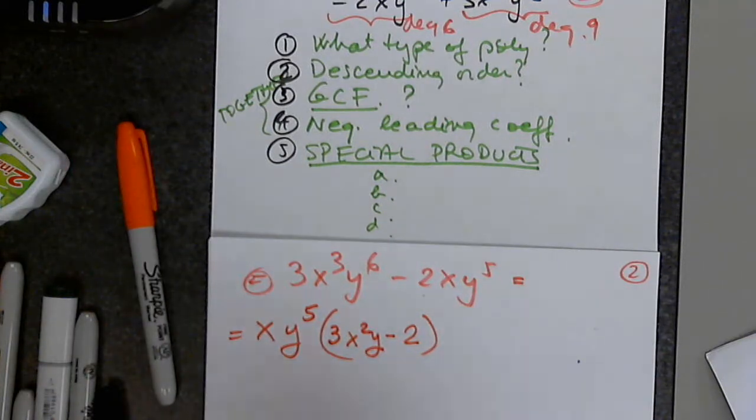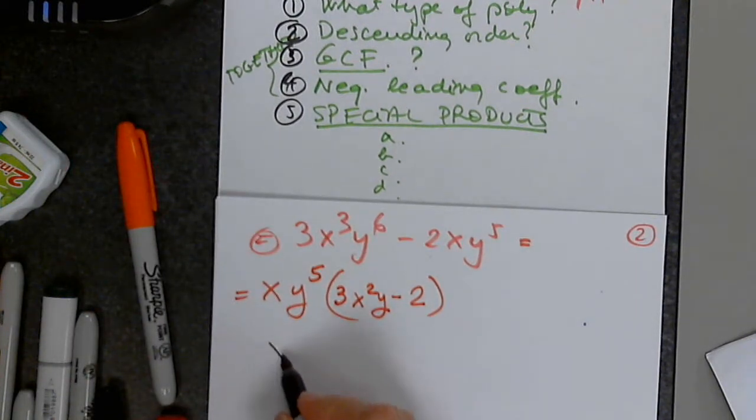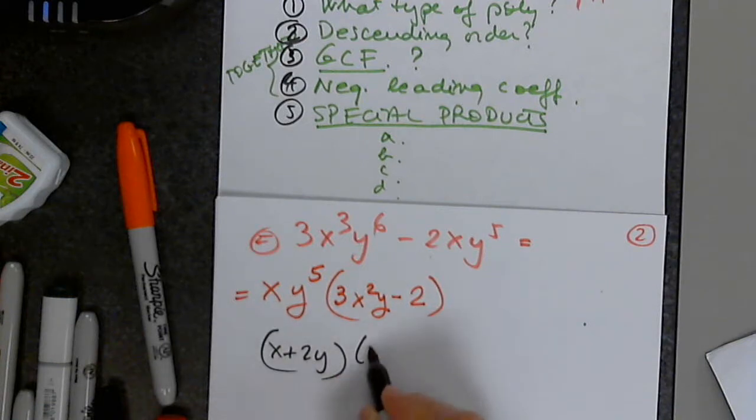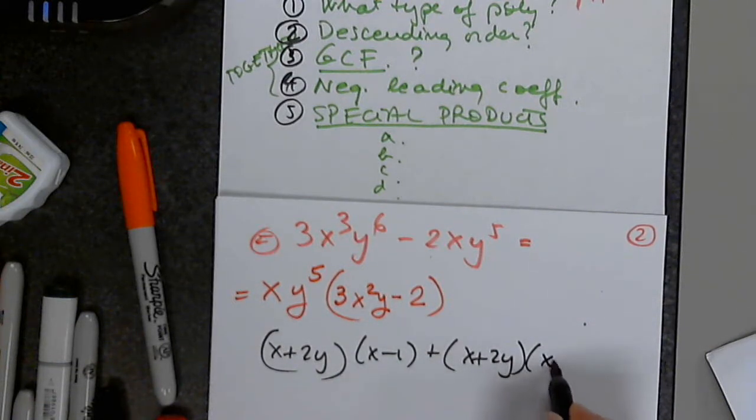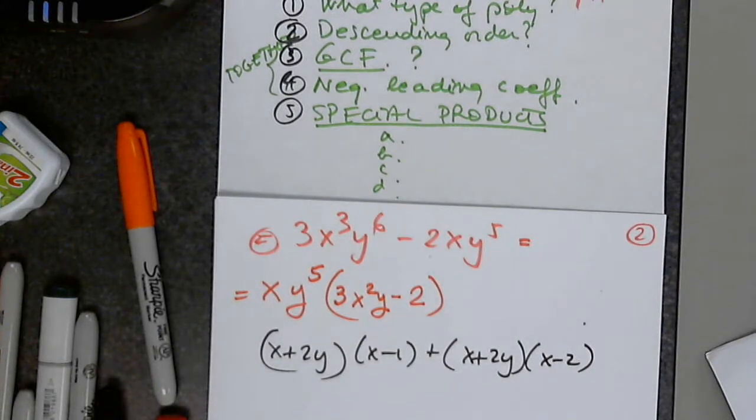Now there is another example in the same situation: x plus 2y times x minus 1, plus x plus 2y and x minus 2. And you can say this is no binomial. And I will have to say that you are correct and also incorrect.